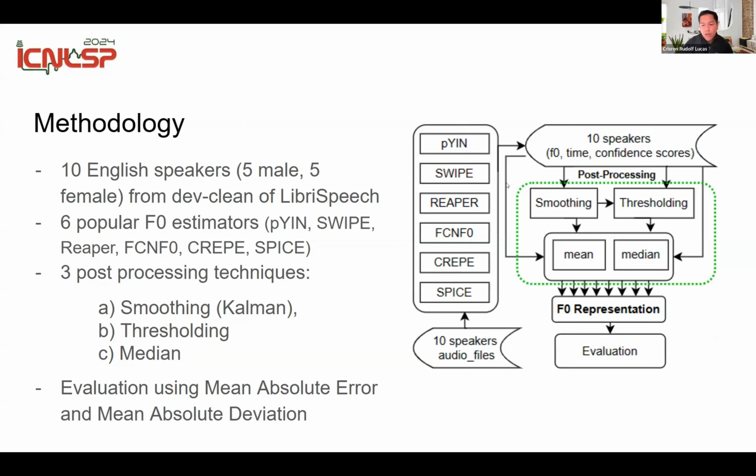Each of the speakers has more or less 10 minutes of speech data, and I made it balanced with five male and five female speakers. Then I applied these post-processing techniques to the F0 data extracted from the dataset, and I evaluated them using the mean absolute error and the mean absolute deviation.